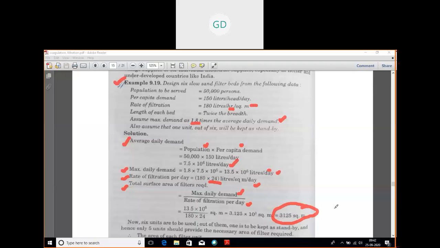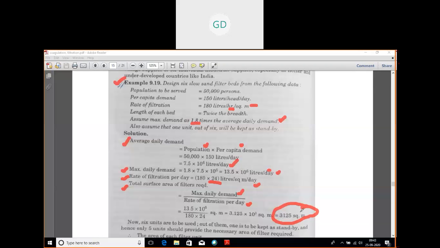In the question it is given that there are 6 units and you need to keep one of them as standby. That means you need to design for 5 filter bed units. Now, how will you find the area for each unit?